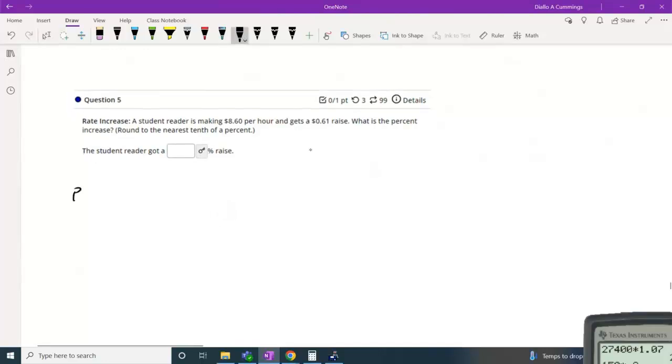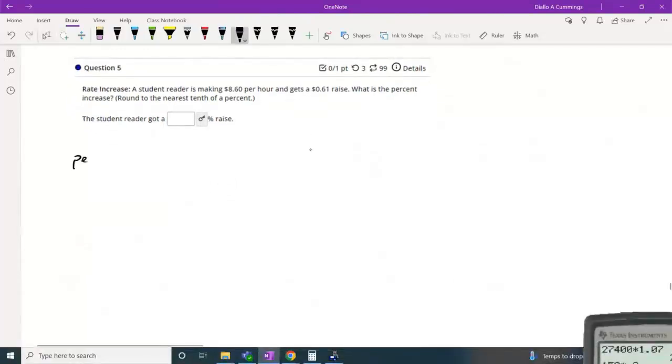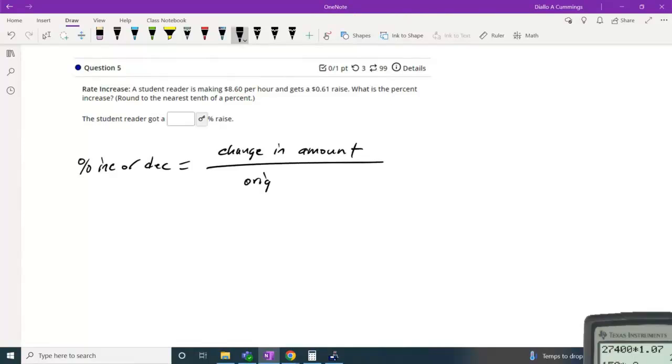Okay. Well, I'm just going to rewrite the formula. So the percent increase or decrease, I'm just shortening this up a little bit, is equal to the change in amount divided by the original amount.